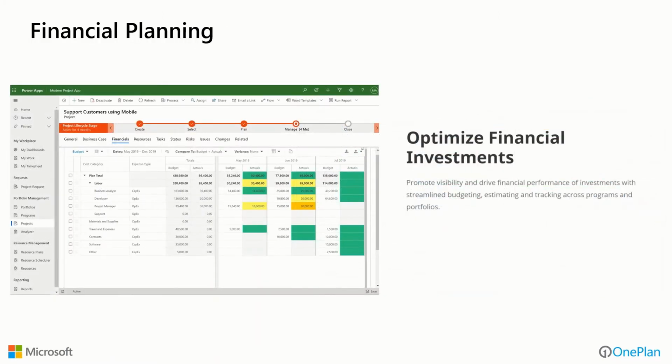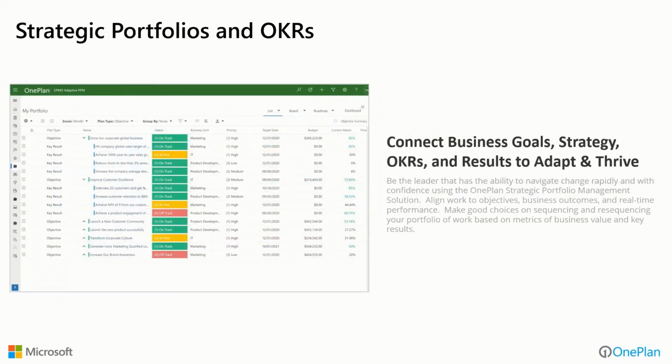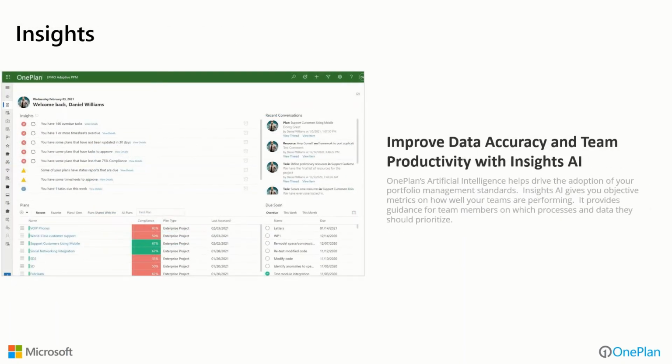Same thing with financials. We can do detailed financial planning. We can do financial prioritization, meaning look at the resource or financial or budgetary constraints we have and see if the portfolio we have is doable and reconcile that portfolio with our ability to apply dollars to that. Strategy is in the mix as well, as I discussed prior. And the insights, to be able to have more AI-based insights so users can see what requires their attention.